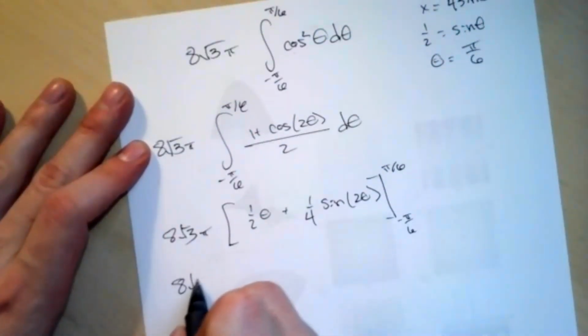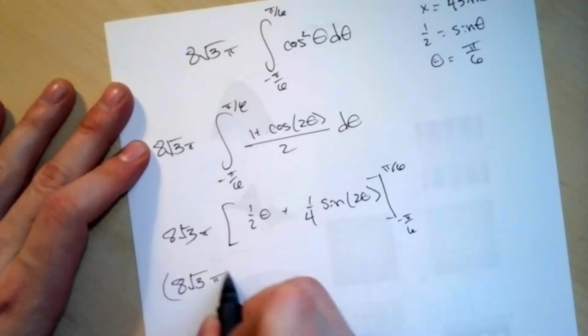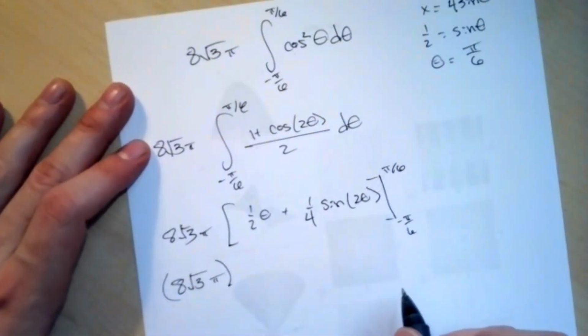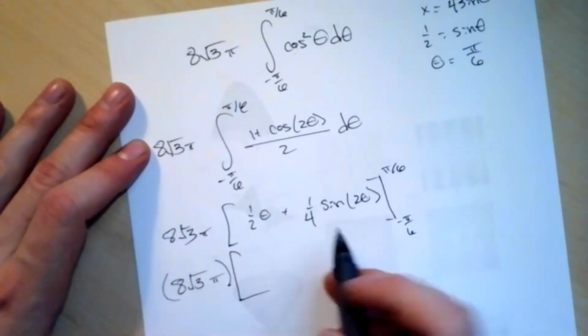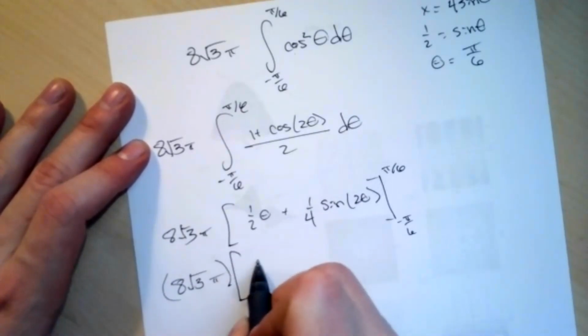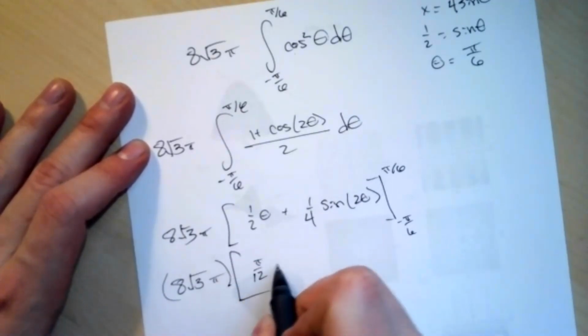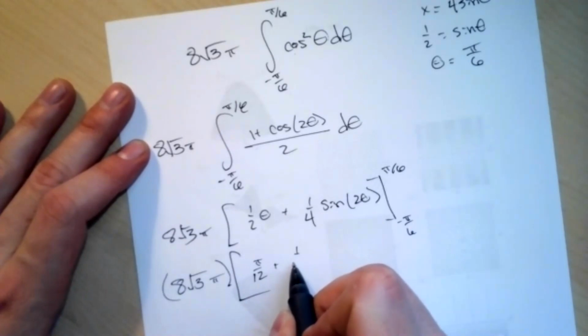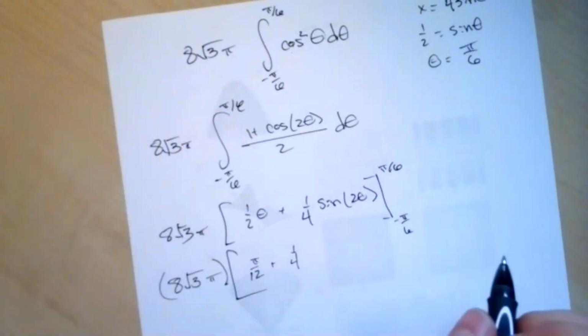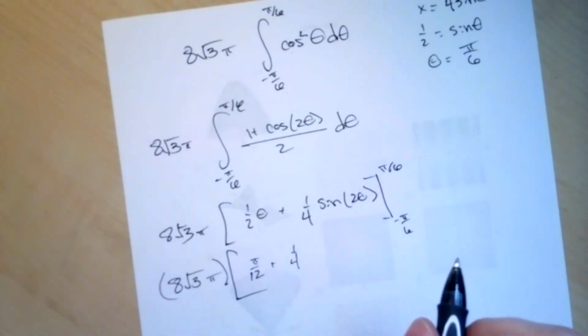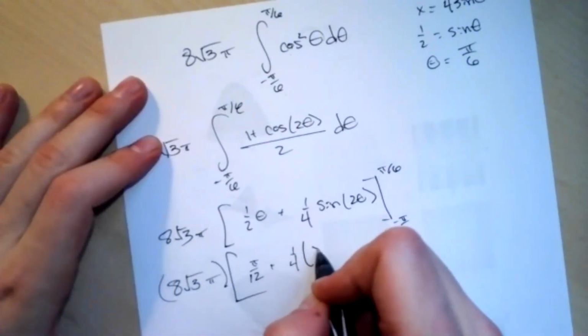So 8 square root of 3 pi times, we're going to have pi over 12 plus 1/4 sine of pi over 3. And sine of pi over 3 is root 3 over 2.